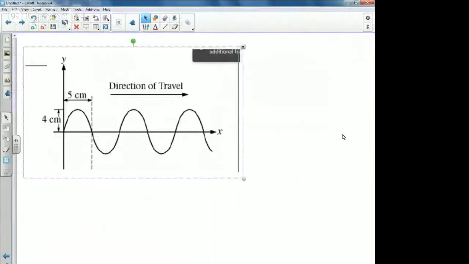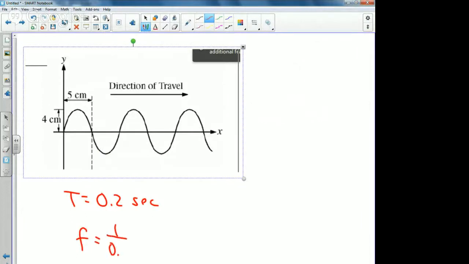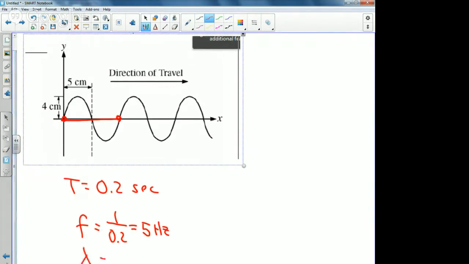Well, a couple things I'll point out. They tell us that the period is 0.2 seconds. So therefore, the frequency is equal to 1 over 0.2, which is 5 hertz. The wavelength is 1 crest, 1 trough, so it's therefore 10 centimeters.